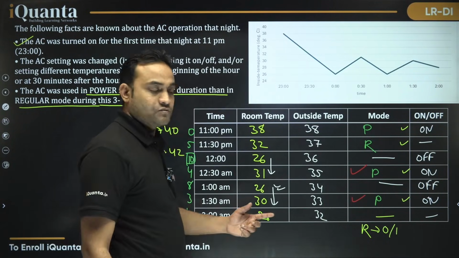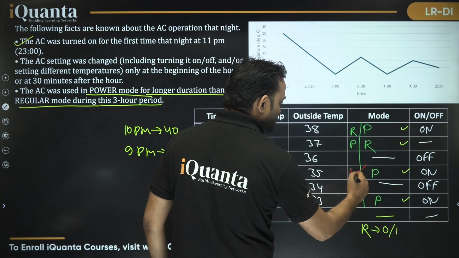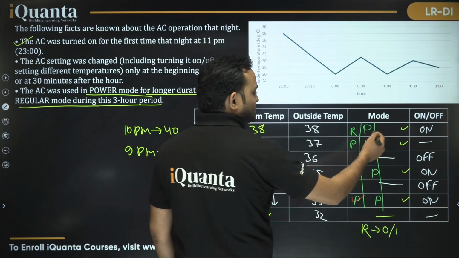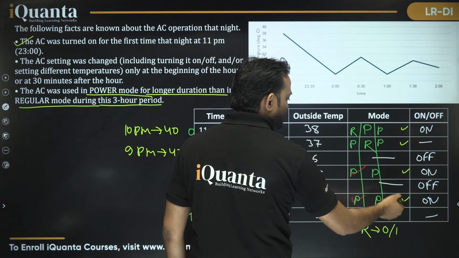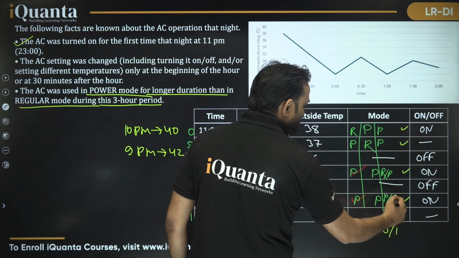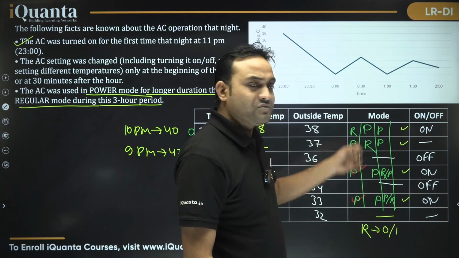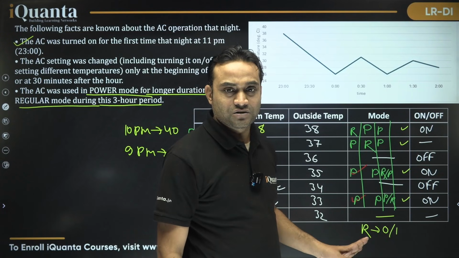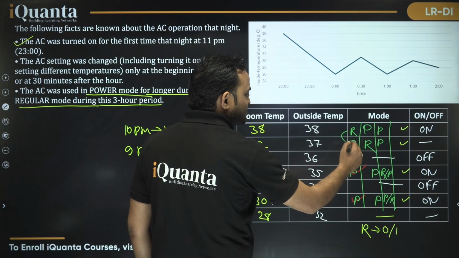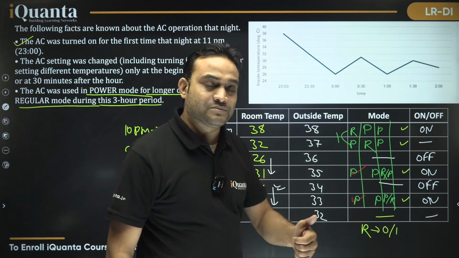Or second situation, that this was regular mode, this was power mode, this was also power mode, this was also power. Then another situation, that this was power mode, power mode. One of them is regular mode or power mode. So all 4 could be power, one of them regular. All the cases are possible, right? But in each situation, see, regular to power, the change is 1. The setting has been altered 1 time. Power to regular, again the setting has been altered 1 time.